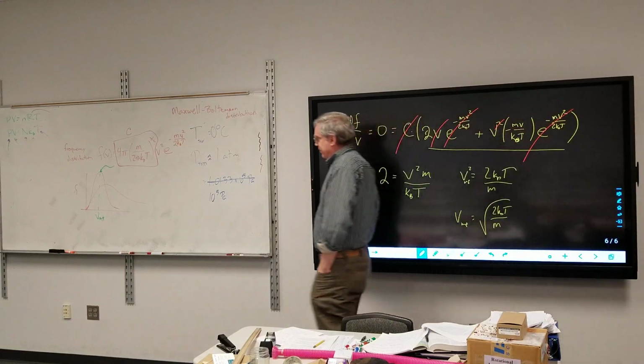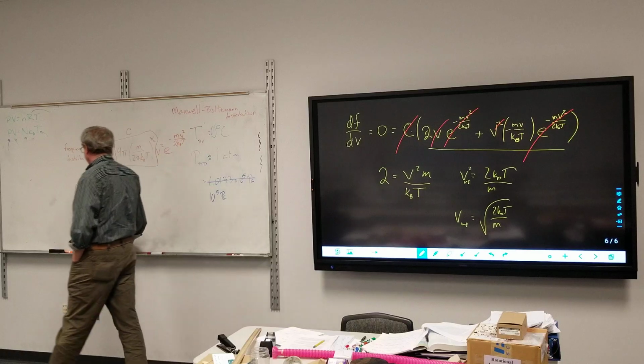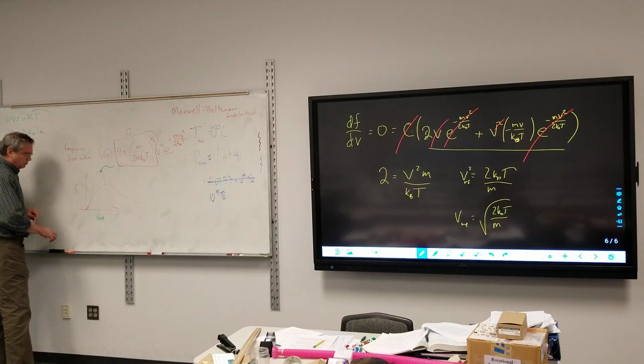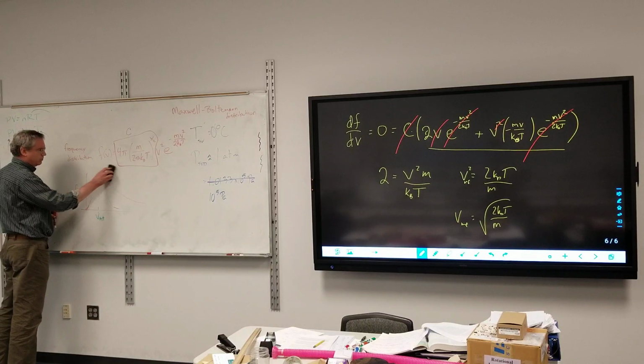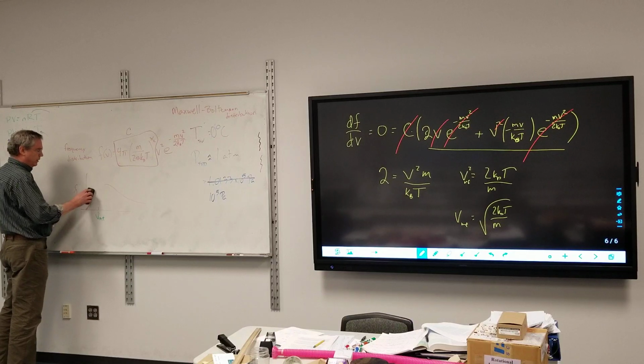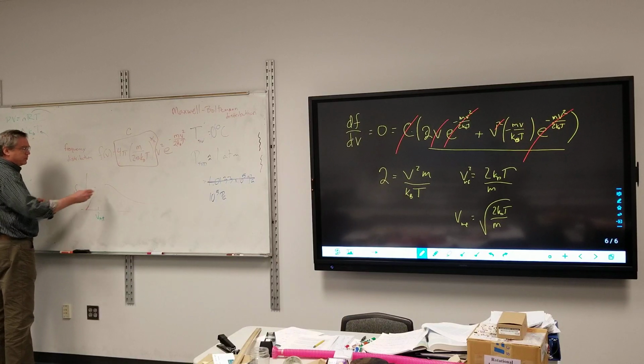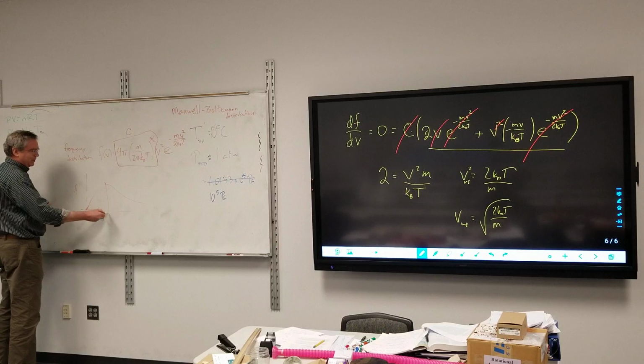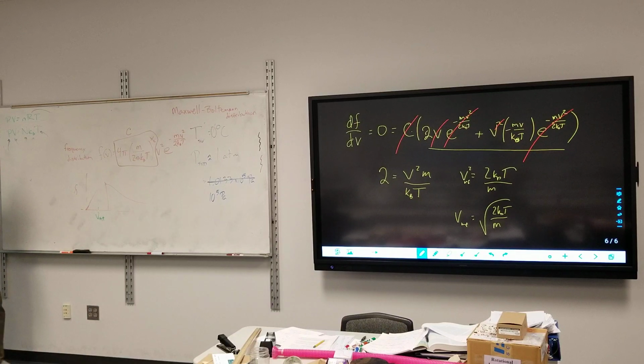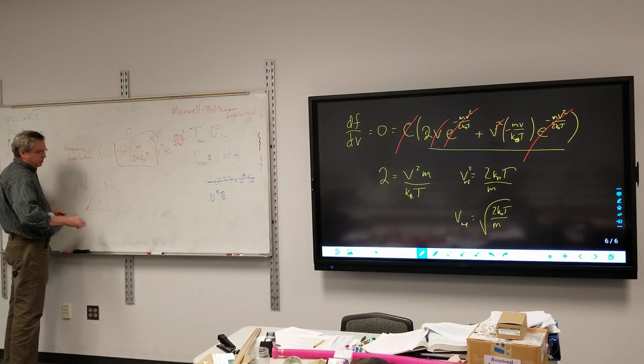So let's talk a little bit about this frequency distribution. Just stick with one of the curves. So for a particular temperature, we now have that value right there, the most probable speed.